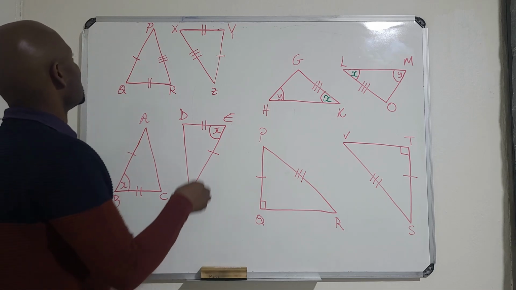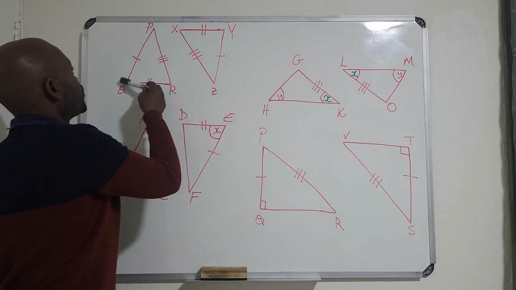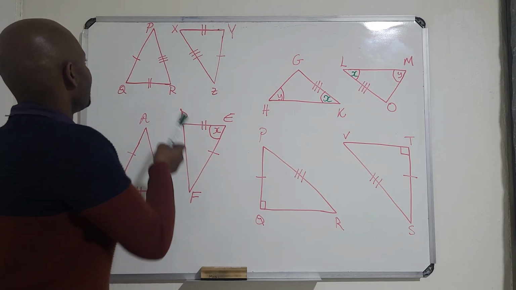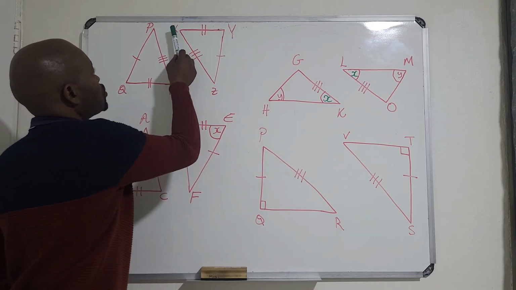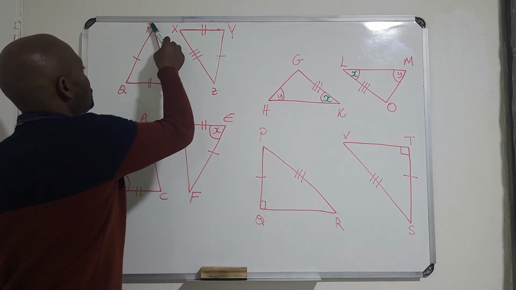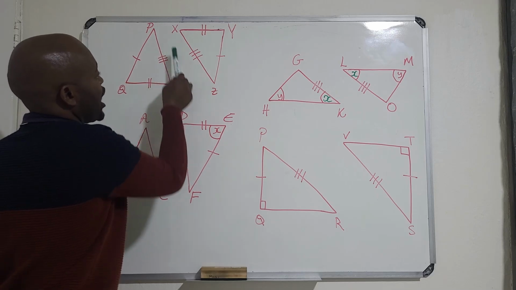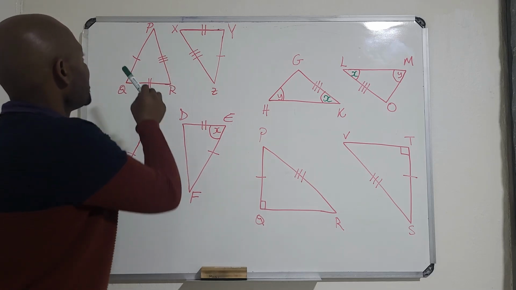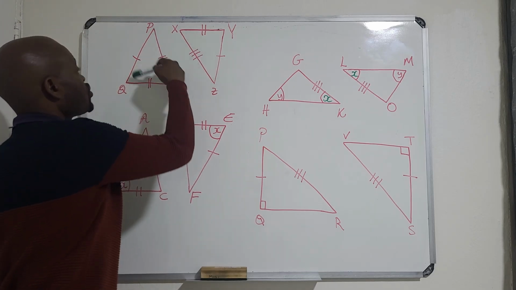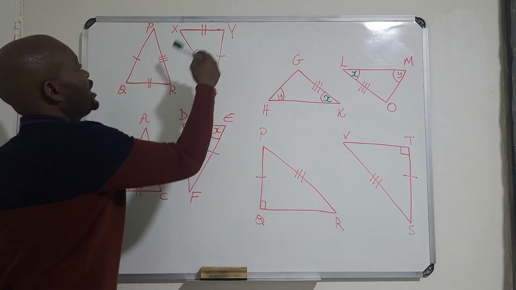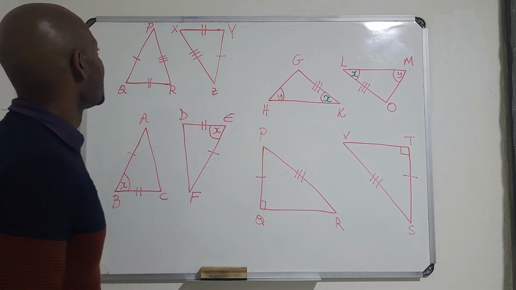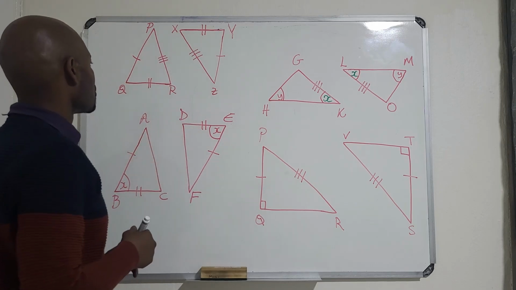This means that if PQ is equal to YZ, QR is equal to XY, and PR is equal to XZ, then the sides of this triangle are equal to the corresponding sides of this other triangle. Therefore, the two triangles are congruent.